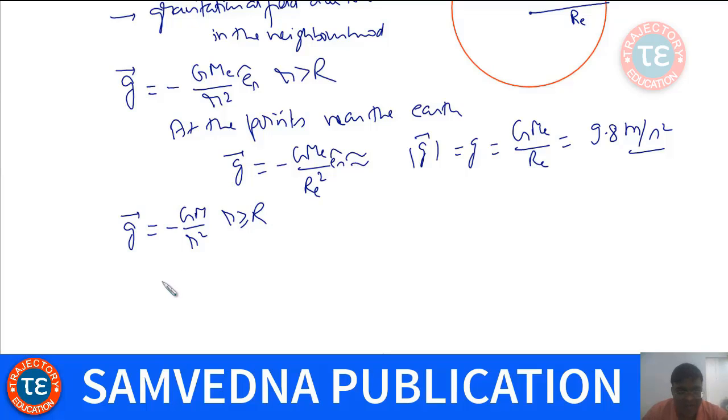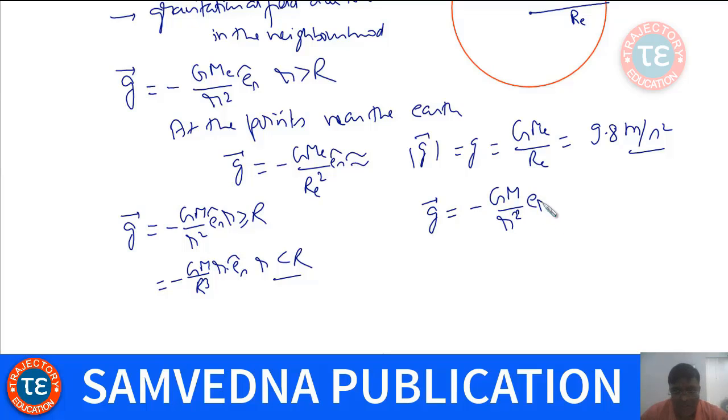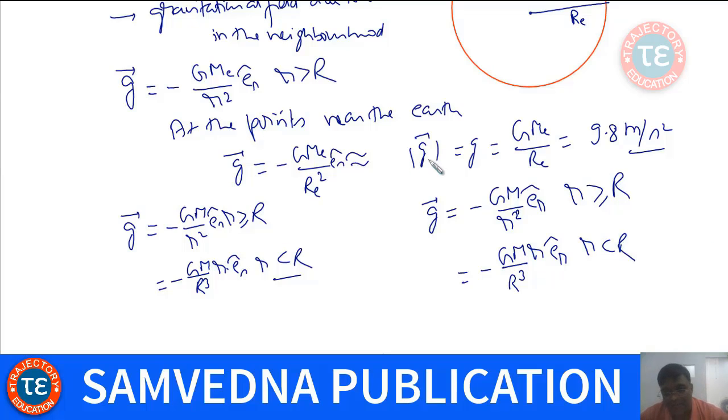That is the same as the gravitational field due to a sphere. And inside it is equal to minus GM by R cube times r, for r less than R. That's how the gravitational field is going to vary: g equals minus GM by r square when r is greater than capital R, and minus GM by R cube times r at a point inside.